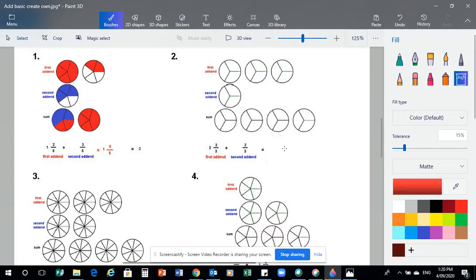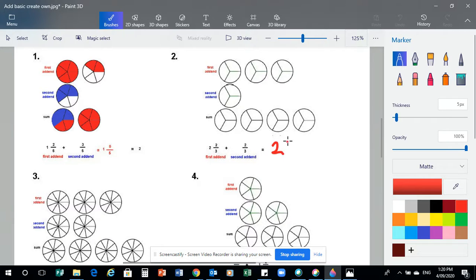Okay, so once you've written down the answer, once again, you can do it either in text or on the picture. So for example, if the answer was 2 and 2/3, I would write 2 and 2/3. Okay, because that's what this picture would show me.